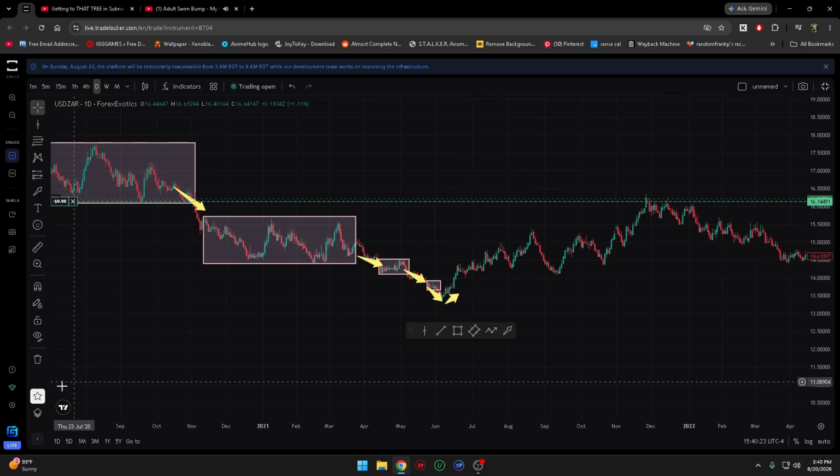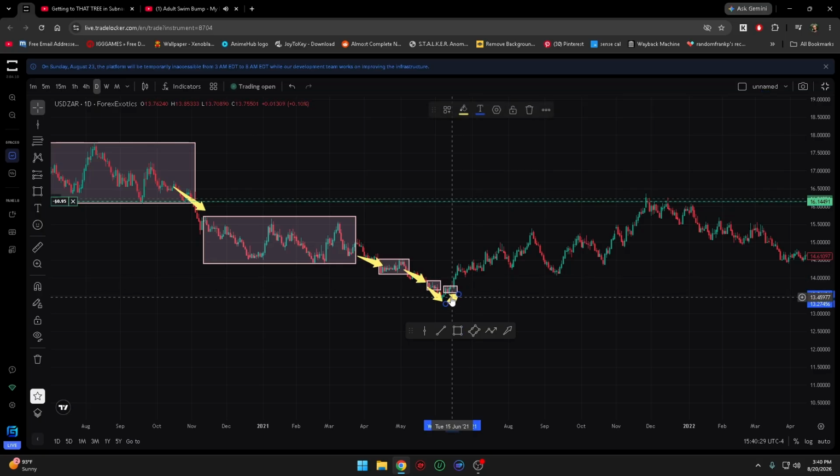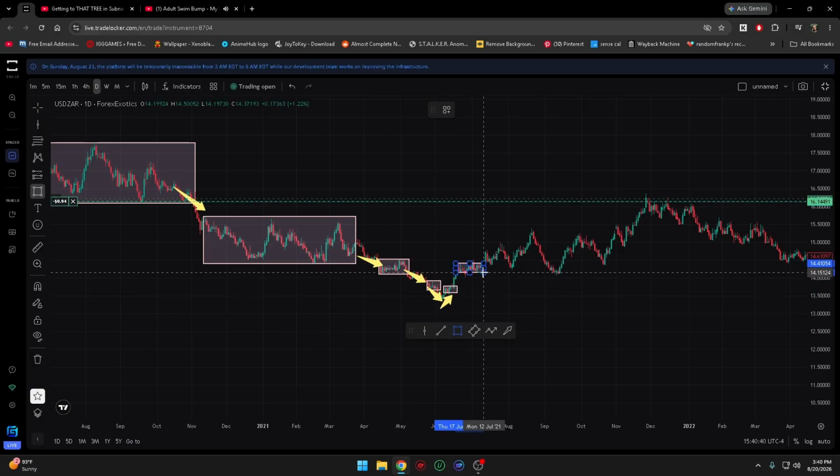Then you see this place up here. So boom, got this little range. This is where the market shifted upward. You see this little box under this box right here, and the next box comes right here.